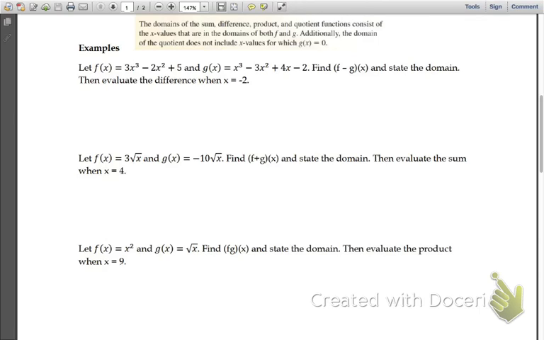So if I have 3x to the third minus 2x squared, and I'm going to go f minus g. All I'm going to do is rewrite this. Nothing's going to change. I'm going to have 3x to the third minus 2x squared plus 5. Now, again, it is subtraction. So everything here, either I need to change all the signs or I need to have a negative and put everything in parentheses.